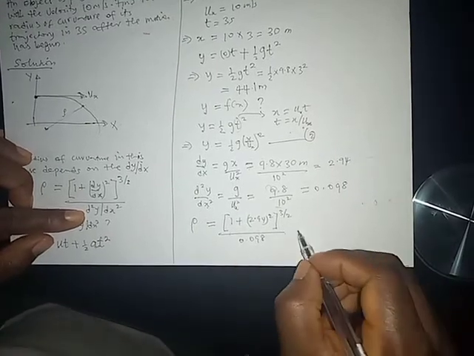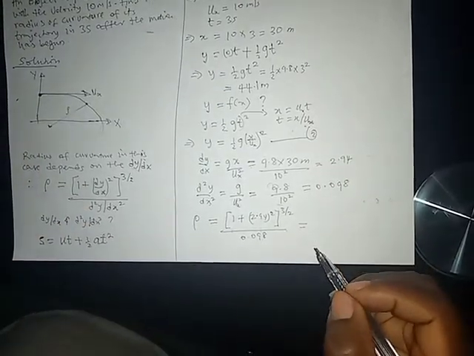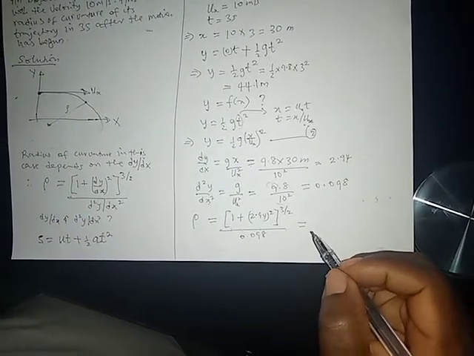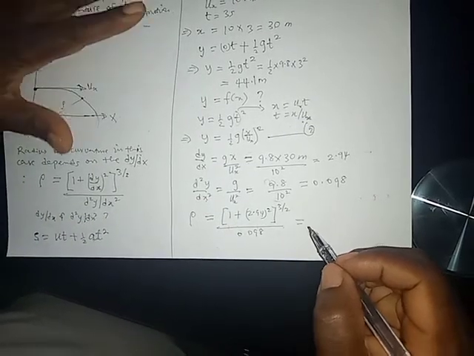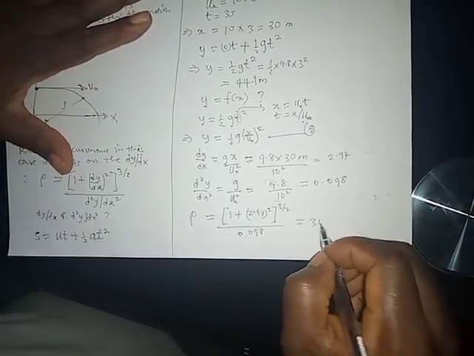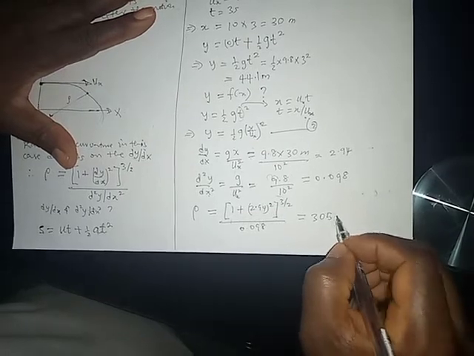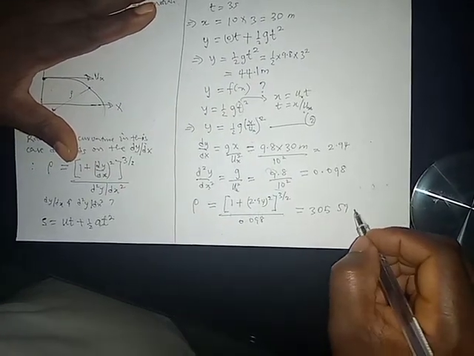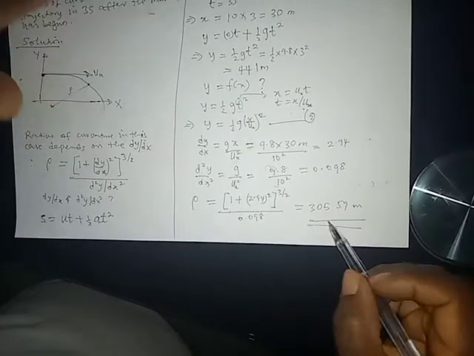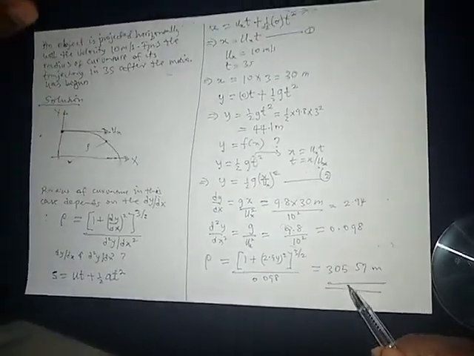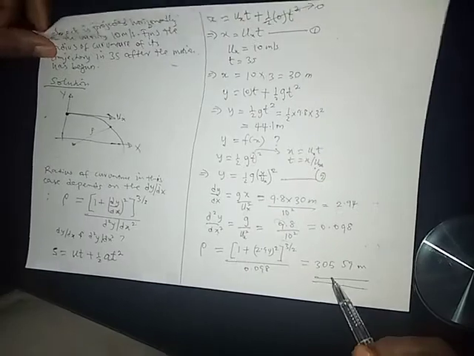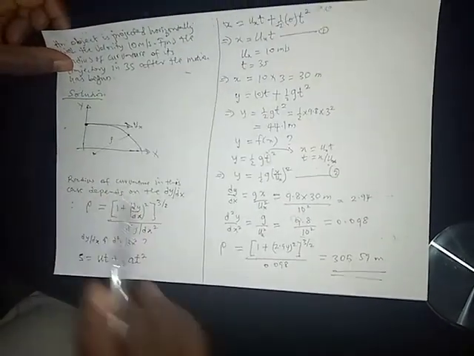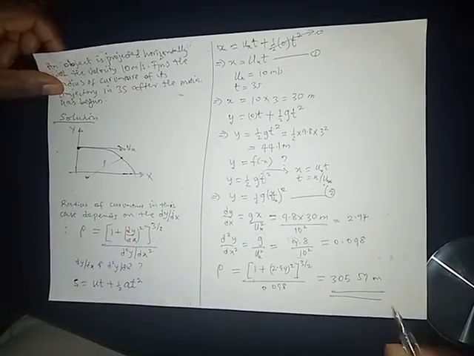So if we resolve this, invariably what we get is 305.59, something in that neighborhood, in meters. So this is now the radius of curvature of the object in the described motion. Thank you.